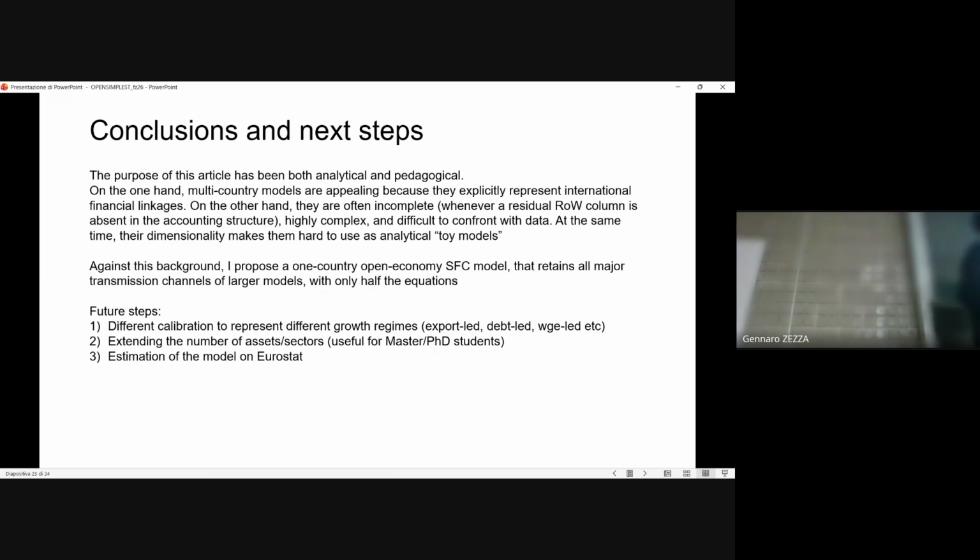Up to now, we have a country which starts with exports higher than imports, but the current account is on balance because of interest payments. But by changing the calibration, we can have export-led models, wage-led models, profit-led models, whatever, just by changing the initial conditions and the initial calibration.